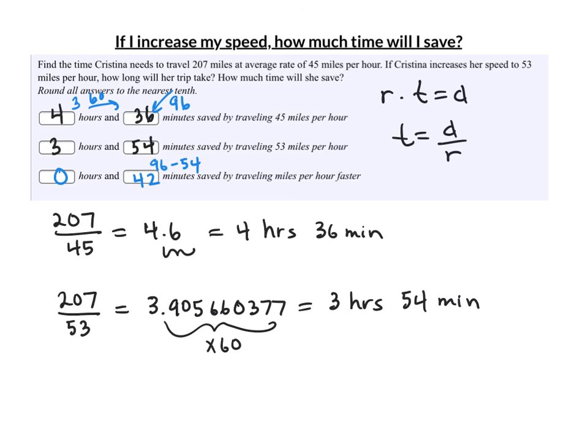Final note, remember for our answers, even though we borrowed, don't change the 4, it's still 4 and 3, but you end up with 0 hours because you had to borrow 60 minutes to make the 36 into 96 to subtract from the 54. So 36, 54, and 42. These are our answers.